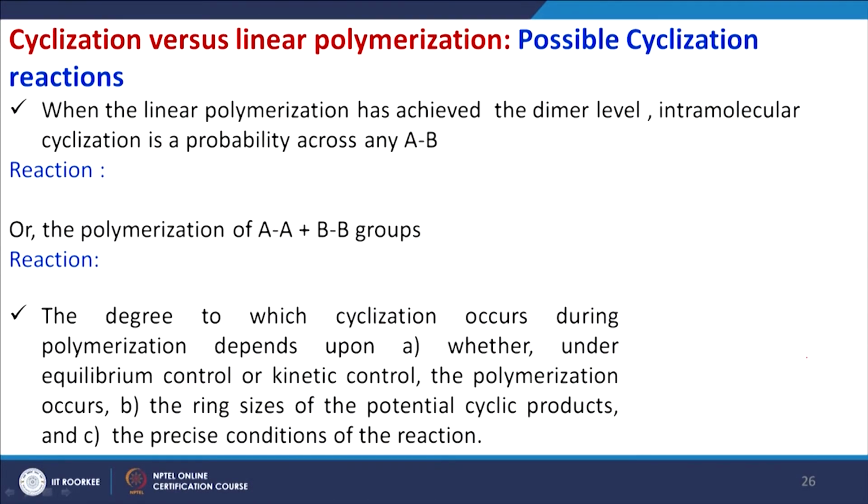Likewise, cyclization does not take place between the diol hydroxyl groups, diamine amine groups, or isocyanate groups, etc. Now, when the linear polymerization has achieved the dimer level, intramolecular cyclization is probable across AB.